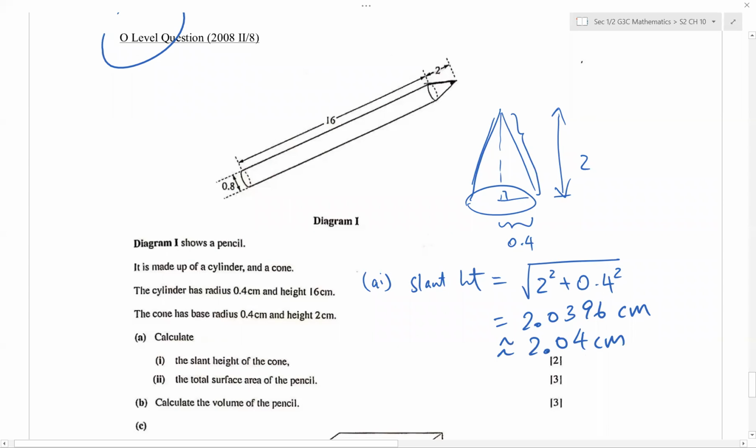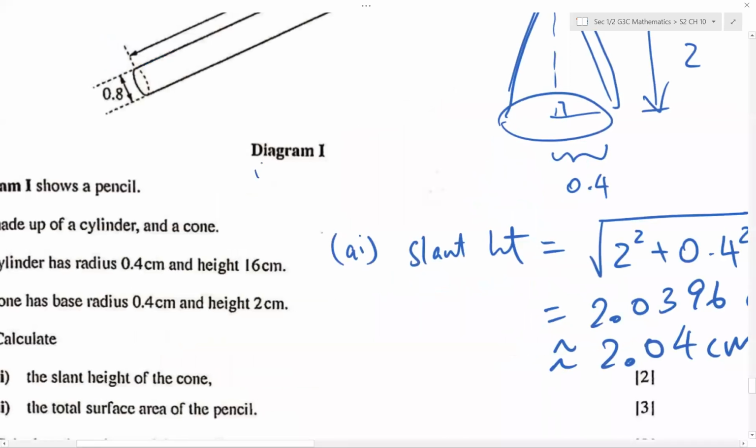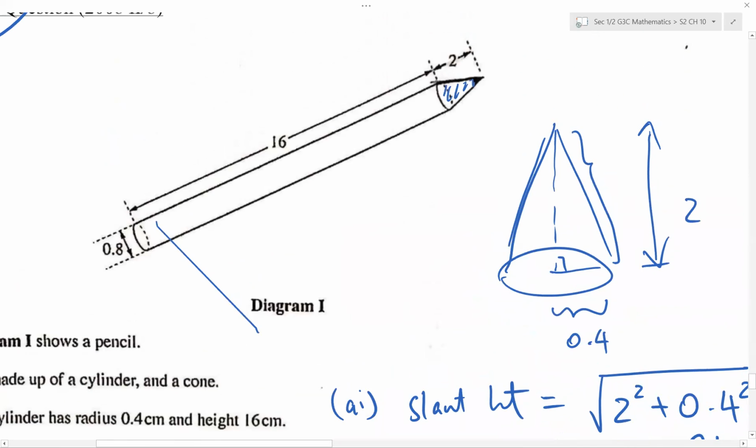So total surface area of the pencil. Can you visualize where are the surface areas? How many surface areas do you see? If you want to break it down, the total surface area is made up of the curved surface area of the cone. That's one. We can find out pi r L. We've got the slant height already. We've got a curved surface area of the cylinder, which, like I mentioned just now, is like rubber band upon rubber band.